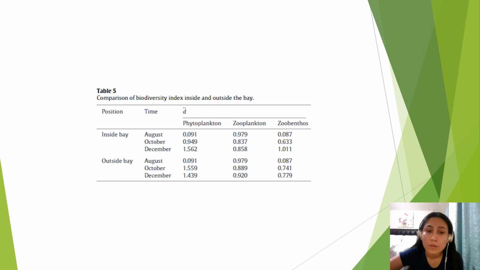So the biodiversity of phytoplankton, zooplankton, zoobenthos were measured. And overall, during the time period of 4 months, they found that within the bay, the biodiversity increased for these various organisms.